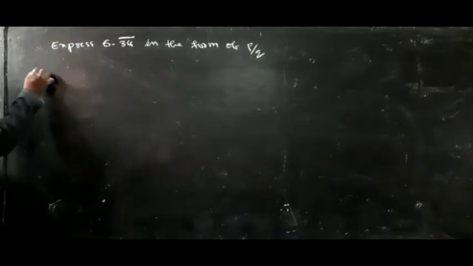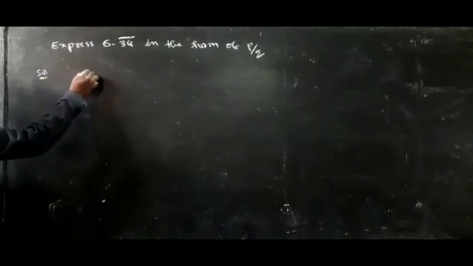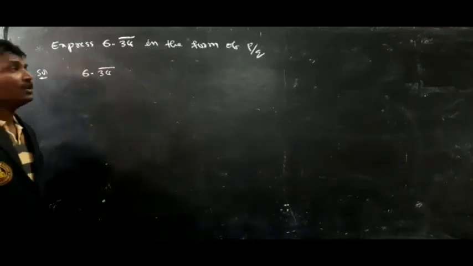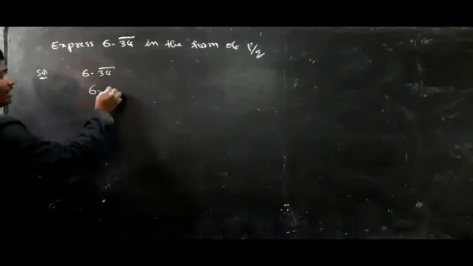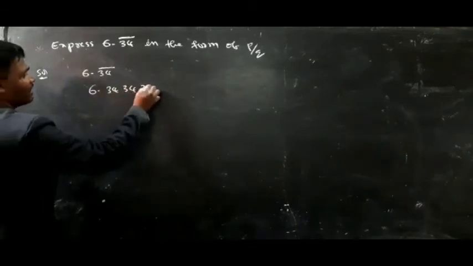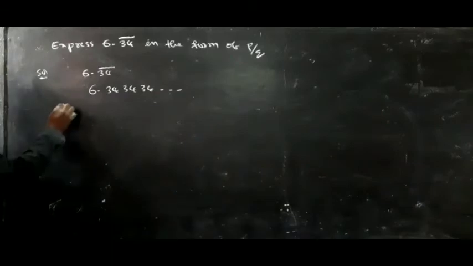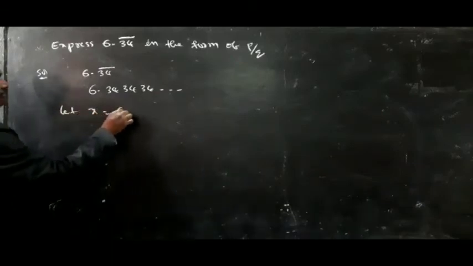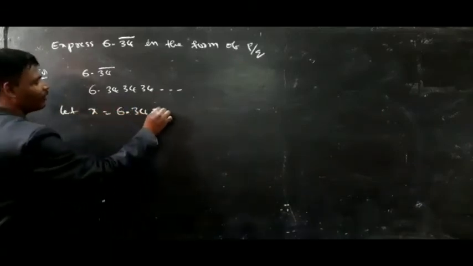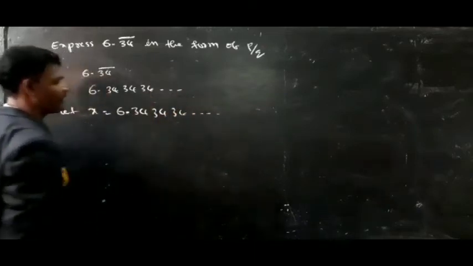Next question, express 6.34 bar in the form of p by q. Solution. First, what is given? 6.34 bar. So bar indicates repeating. So this is a non-terminating but recurring decimal. Let x is equal to 6.343434 and so on.